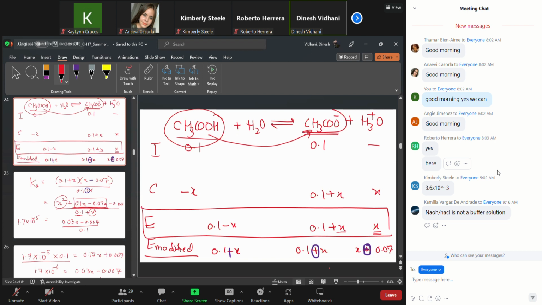But when you add external hydronium ion, there should be this one term as well. So you are generating X from acetic acid, but then you are also removing 0.07 by reacting with hydronium ion. So that should be taken out from this equation. That's the problem here. Does it make sense now?